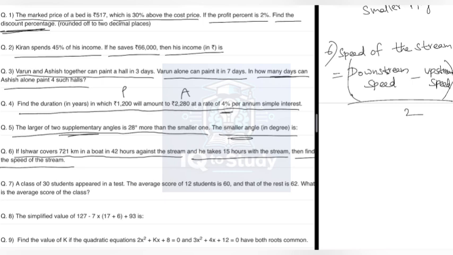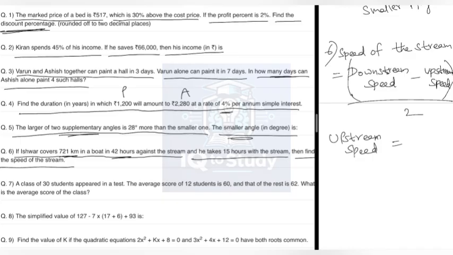For finding the upstream speed, use the distance against the stream and time against the stream, which means 721 kilometers and 42 hours.